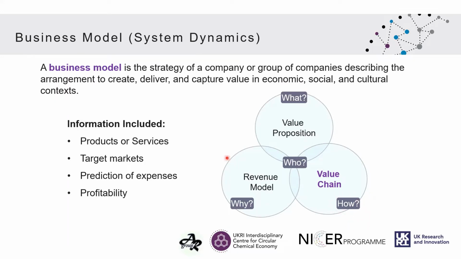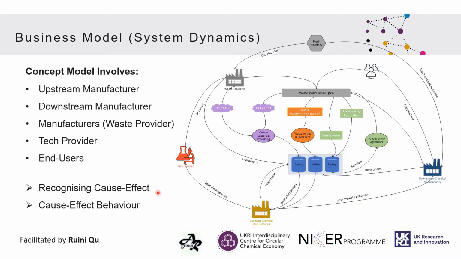So it includes information like products, the target market, we are going to provide this product, and obviously the profitability. So, to model this business model, system dynamics, we need to define a concept.